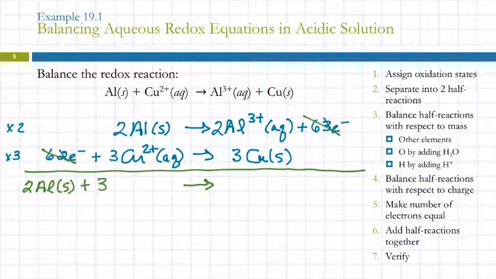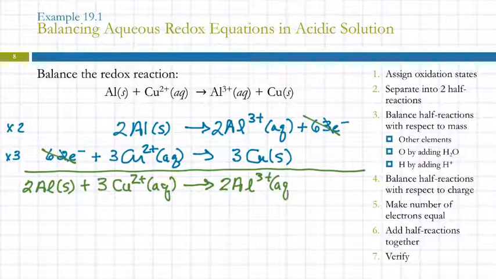So there's the aluminum and 3 copper 2+ ions, and 2 aluminum ions and 3 copper atoms. This equation is balanced for mass. I've got 2 aluminums, 3 coppers, 3 coppers. It's also balanced for charge now, because the total charge on the left is 3 times 2, 6, and the total charge on the right is 2 times 3, 6.